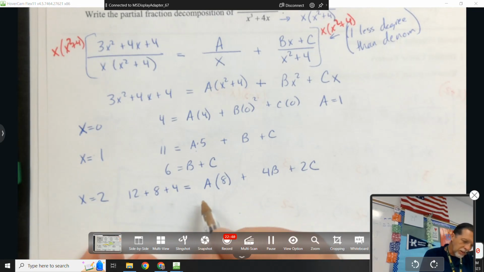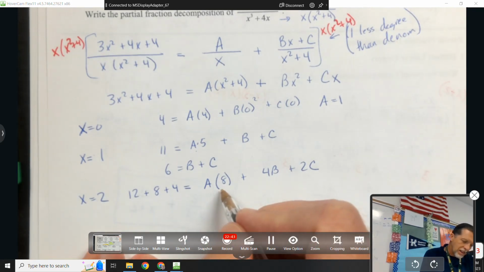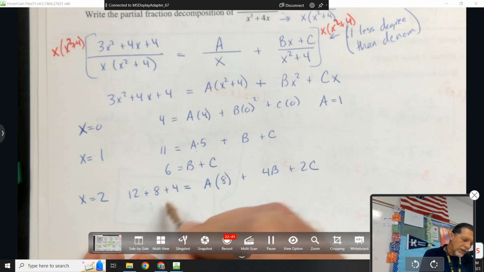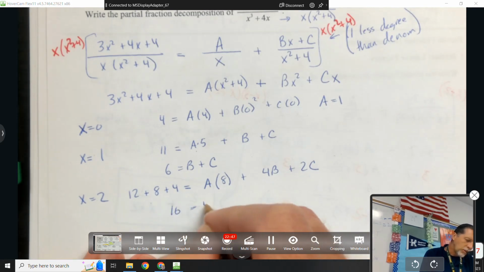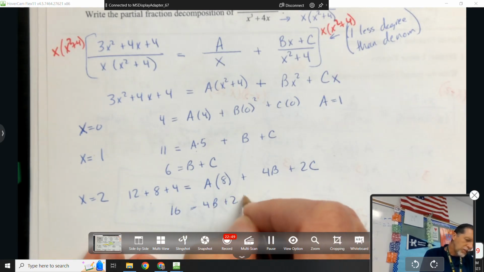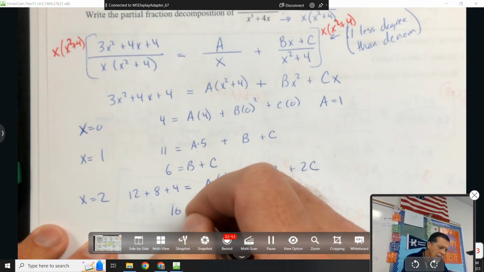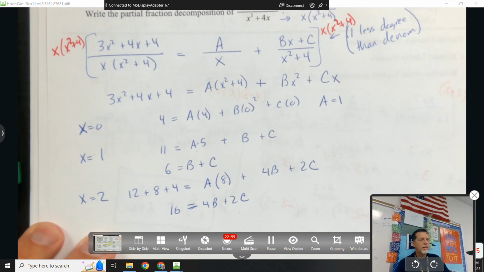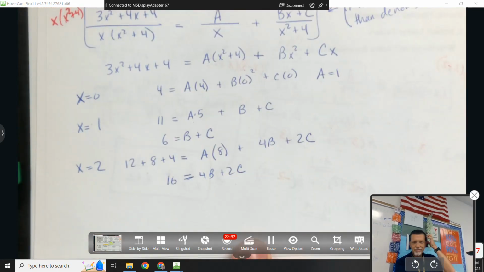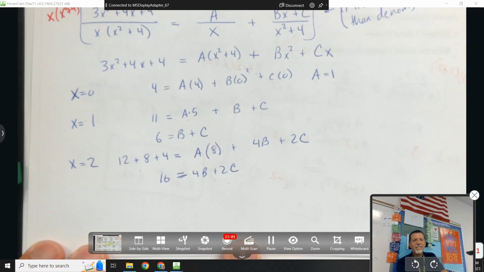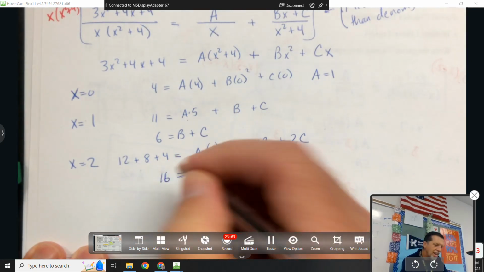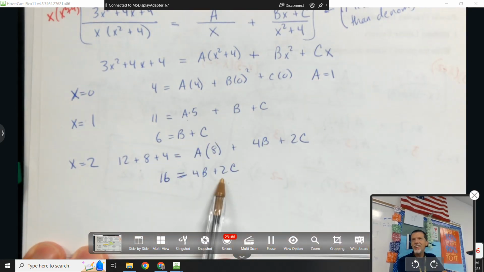So what does all of this become? A is 1. So if I subtract the 8 over, I get 16 equals 4b plus 2c. Thoughts? I could at least simplify this, right?